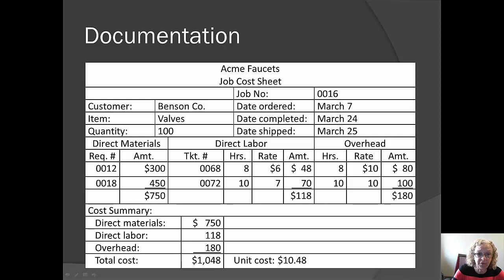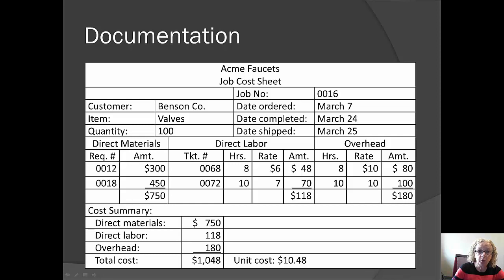This could be a physical piece of paper that follows the job around the factory, or it could be a spreadsheet in a computer program, and there would be terminals at each point in the manufacturing process.